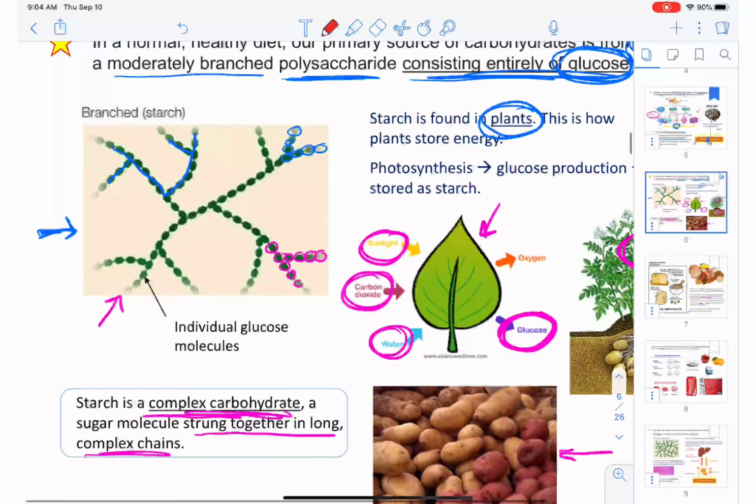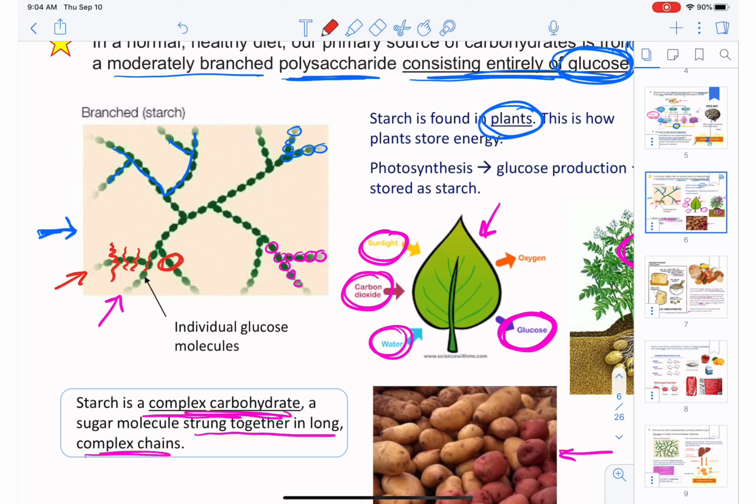But imagine you consumed a potato, and so you have all this starch going through the digestive tract. In order for this carbohydrate to move from the digestive tract into the blood, the digestive tract has to cleave off individual glucose units. And this is through enzymes. There's enzymes that do that.